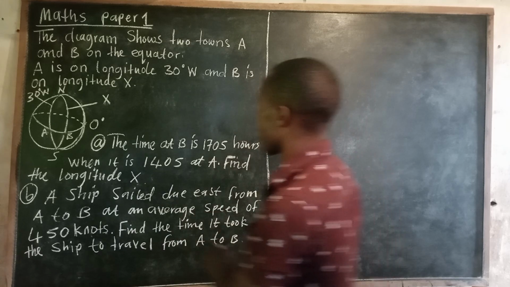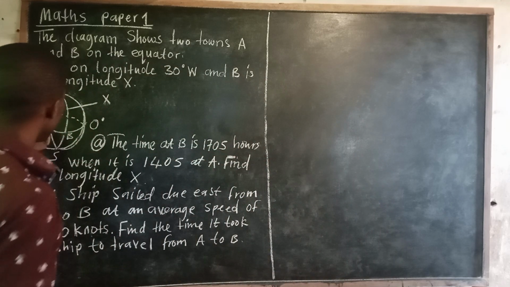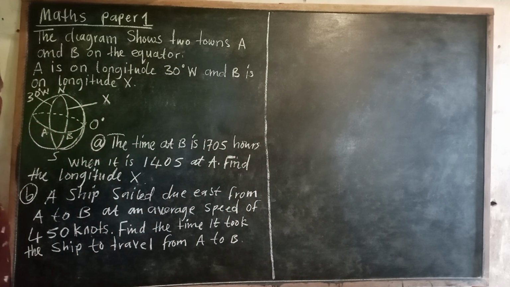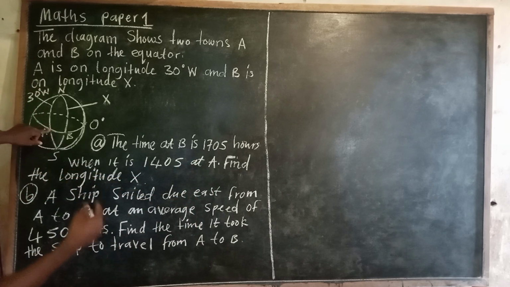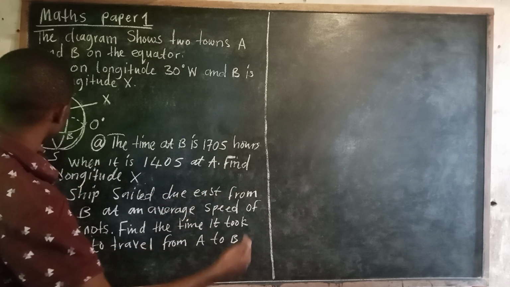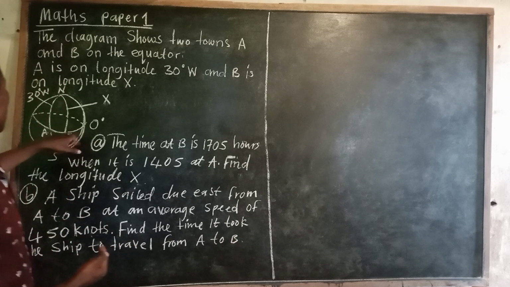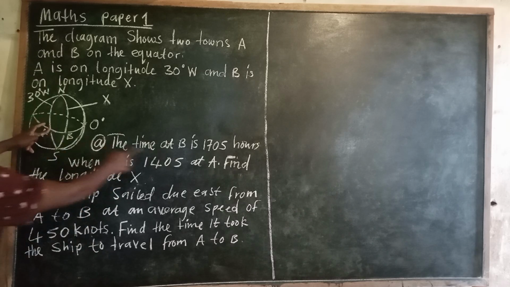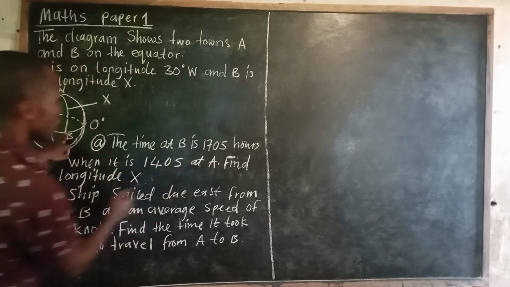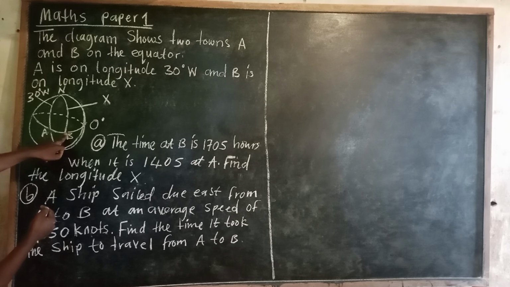It is very simple because we are given time. Now, how do we find it? Remember, when you are coming from west to east on the earth's surface, time is increasing. When you are coming from east to west, you are reducing time. So here, the first point B, we had 17:05.